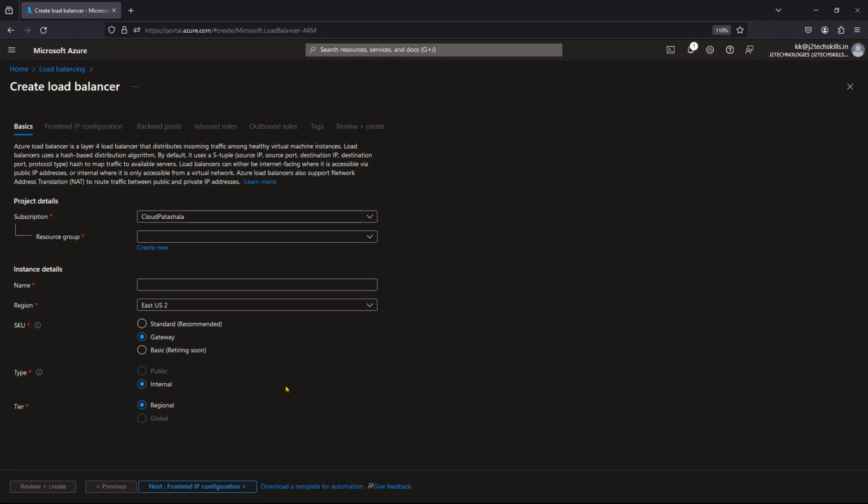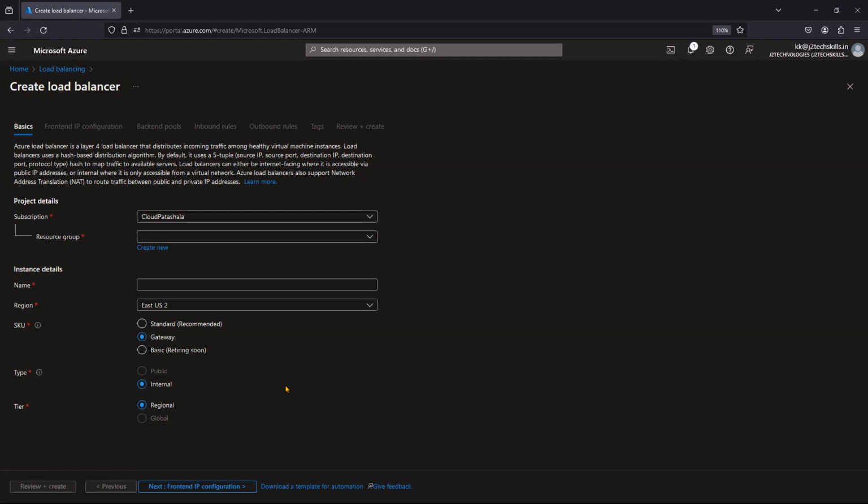The backend supports the virtual machine scale set. That is also one more thing in the Standard load balancer. The Basic load balancer won't support a virtual machine scale set, only virtual machines. Regional and global load balancer differences here.